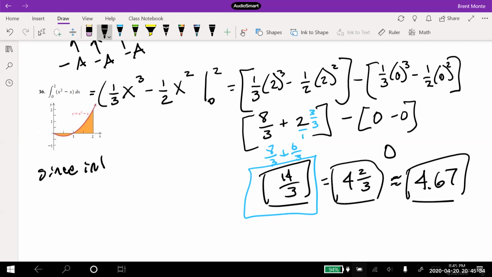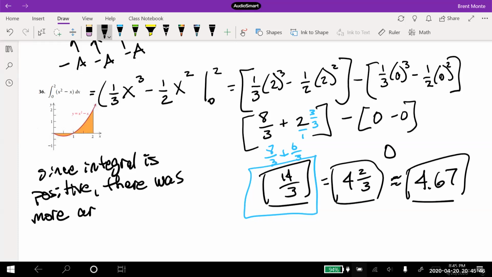Since the integral is positive, there was more area above the x-axis than below the x-axis.